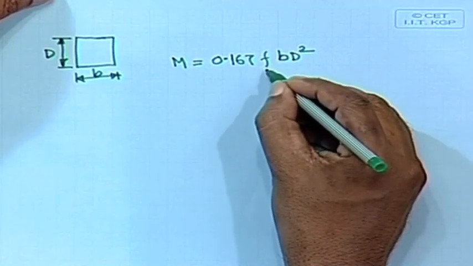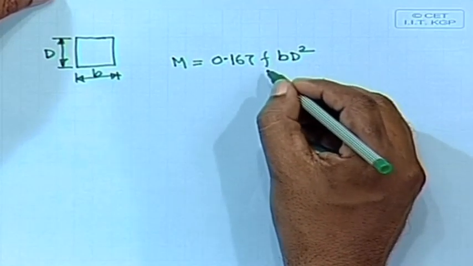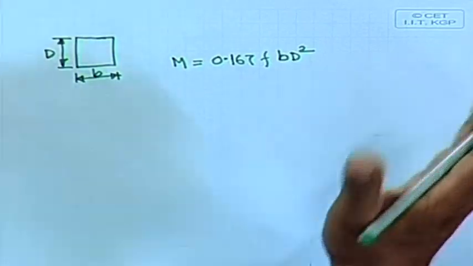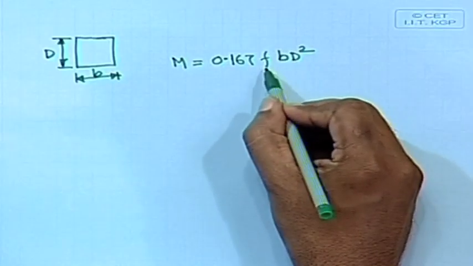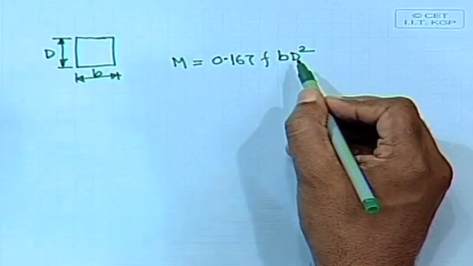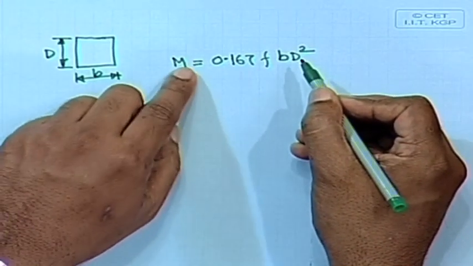If you know the moment, then you have to provide the moment of resistance. What we can do here: if I know f, the permissible stress, and B also I am assuming from practical considerations, say B 250, 300, whatever width of the section you are considering, then we know everything, F and B, only we do not know D, and that depth D we can provide on the basis of that moment.